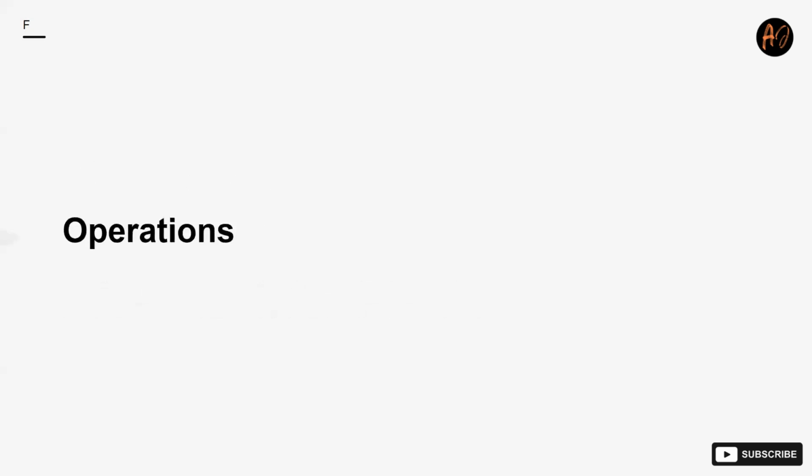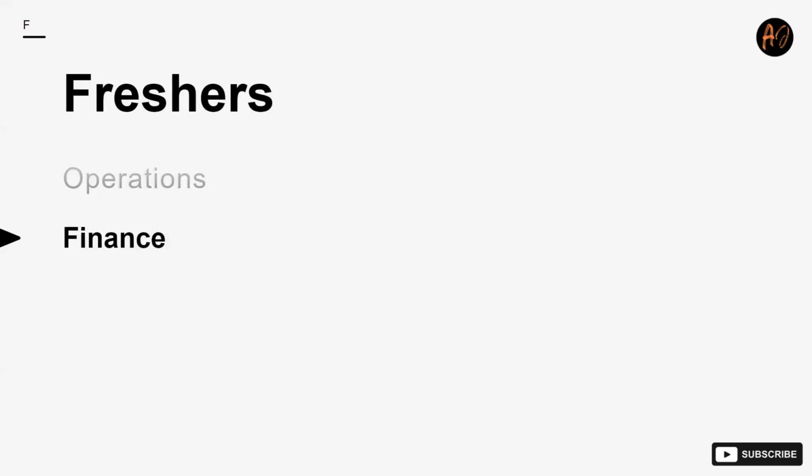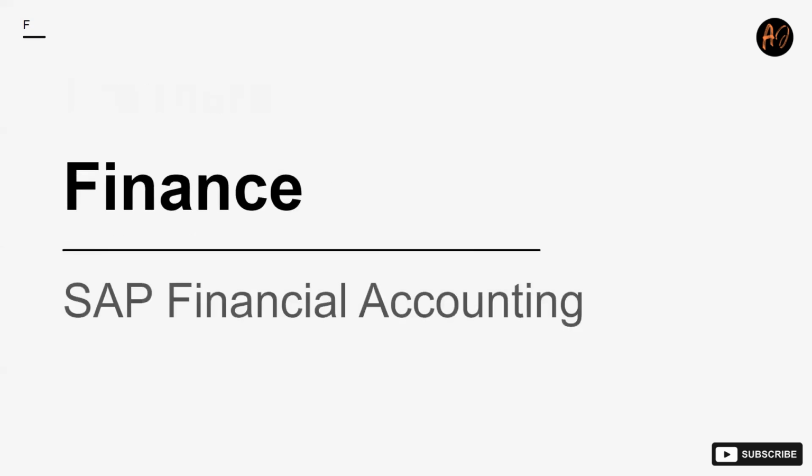Let's roll on to the second option, which is finance. I've seen lots of MBA finance students reach out to me asking, Ashik, should I go with FICO or with anything else?